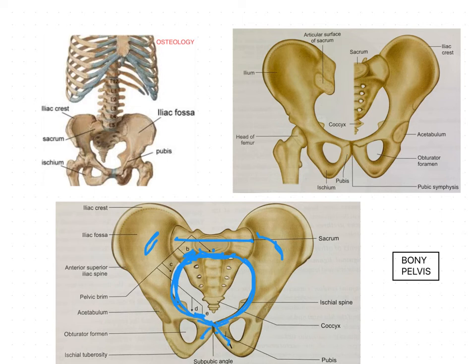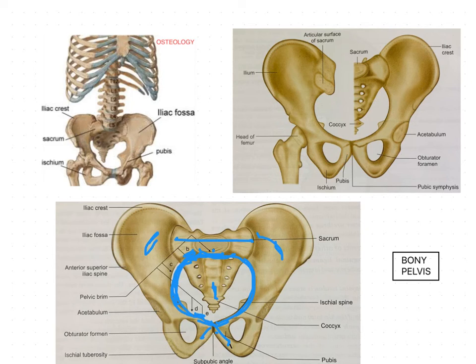On either side by the pelvic surfaces of the ilium and ischium below the arcuate line. So this is the arcuate line. Below the arcuate line, you'll have some surfaces, that is the pelvic surfaces of the ilium and the ischium, and behind the anterior surfaces of the sacrum and coccyx.